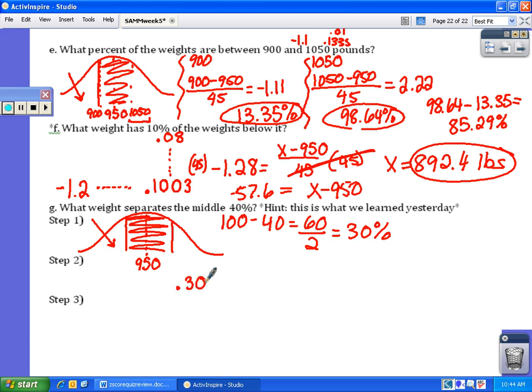On my z-score table, there isn't a z-score that goes exactly with 30%, but I did find 0.3015, which is close to 30%. The z-score that goes with it is negative 0.5, and the hundredths column is 0.02. So I set negative 0.52 equal to x minus 950 over 45.